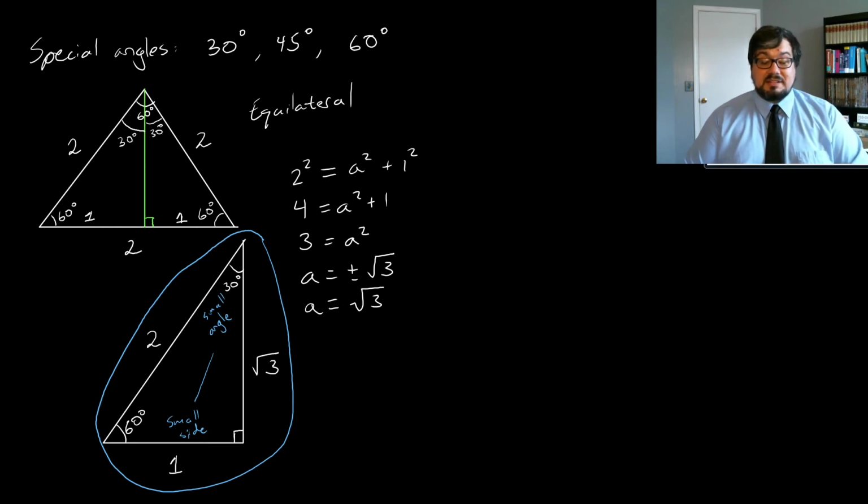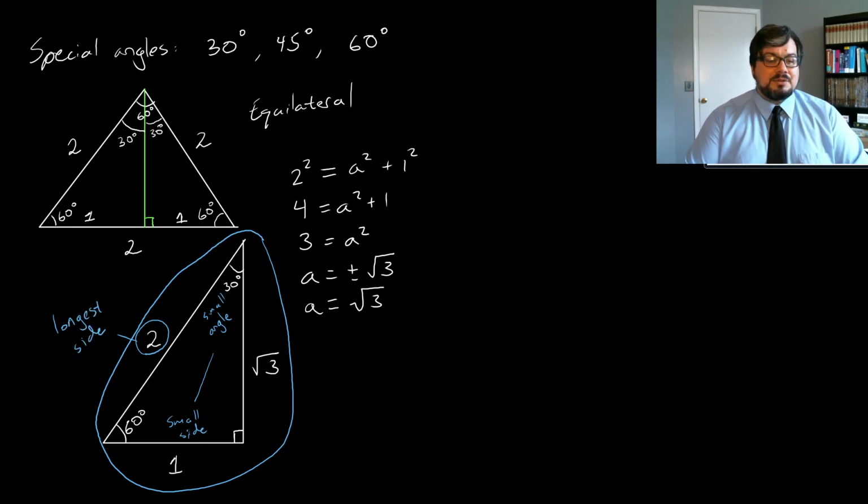It's smaller than the 60 degrees over here, and so it has to be opposite the smaller side, the smaller leg of the triangle. 60 degrees is larger, and so it has to be opposite the larger side of the triangle, and square root of 3 is greater than 1. And finally, 2 is the hypotenuse. That has to be the longest side.